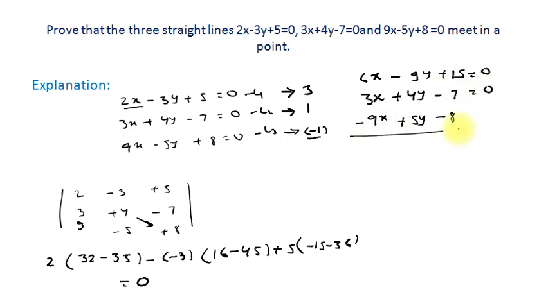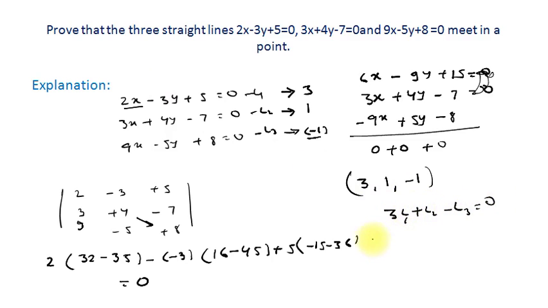Now if we add these, we have 0 plus 0 plus 0. It means 3, 1 and minus 1 exist as a set such that 3 into L1 plus L2 minus L3 is equal to 0. So the given straight lines pass through the same point, that is, they are concurrent.